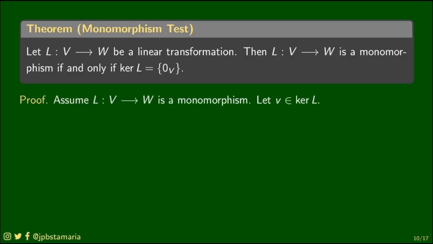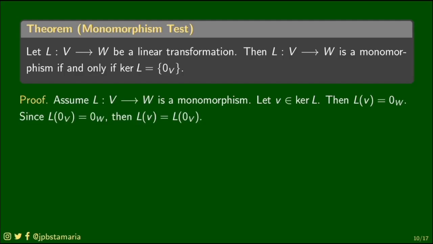For the proof, we first assume that L is a monomorphism. So let V be in the kernel of L. Because we want to prove that the kernel only has the 0 vector in V, we want to show that this V is actually 0. How do we do that? First, because V is in the kernel of L, by definition of the kernel, the image of V under L will be 0_W.